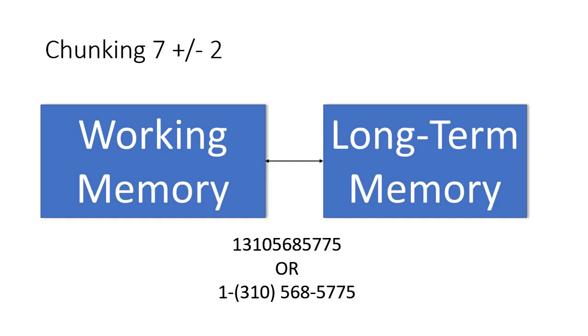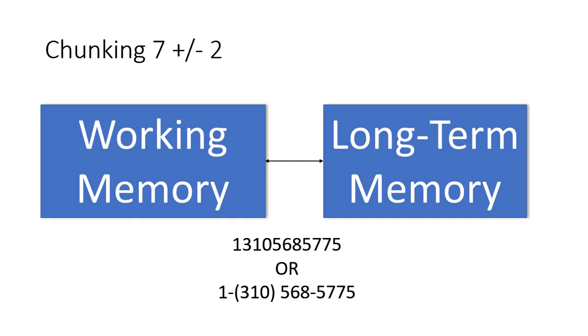Maybe I turn it into a mnemonic. Maybe I find what letters the numbers correspond to and come up with words and come up with another association for it. With that processing in my working memory, I have a better chance of getting it into my long-term memory and then being able to retrieve it or recall it at a later time.